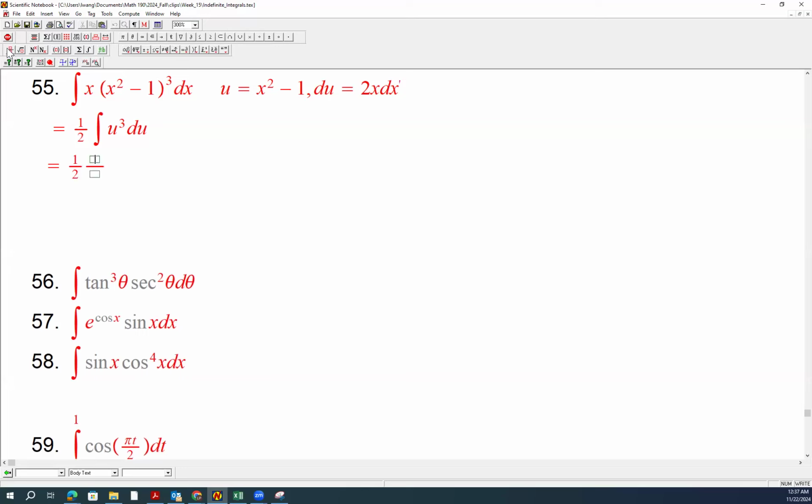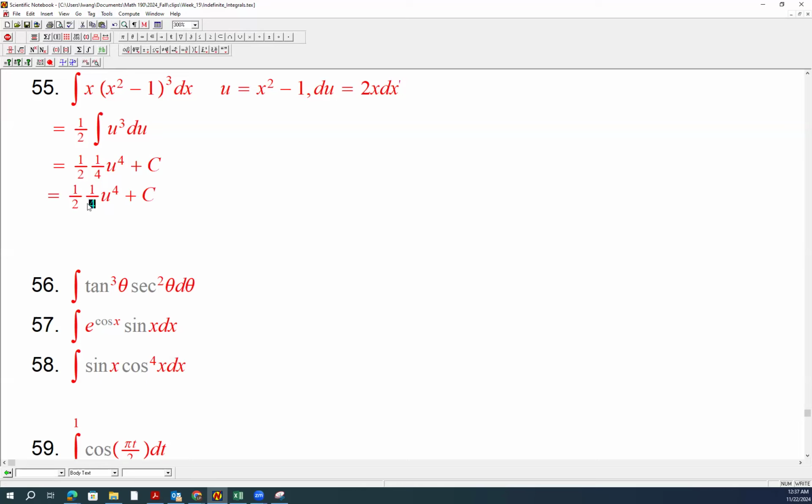The antiderivative is 1 over 4 u to the power of 4 plus the constant. So this is almost done.